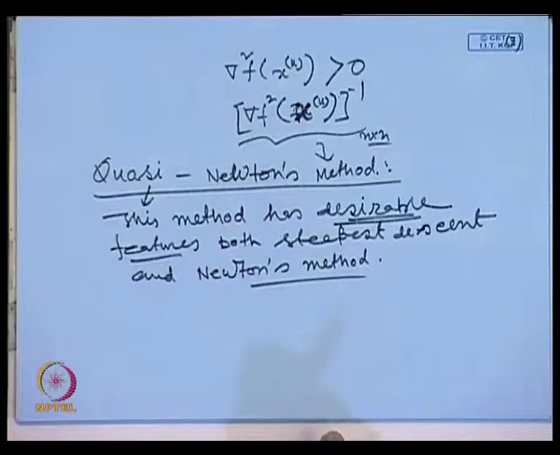But here you will see that it does not directly take the inverse of the Hessian matrix. In place of taking the inversion, it finds an iterative method to avoid the inversion of the Hessian matrix. So, what is this method? We will see this.